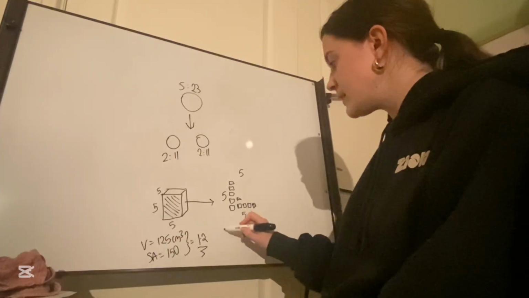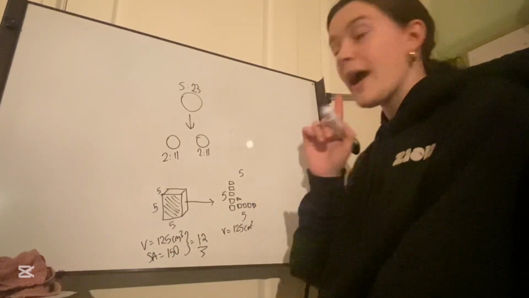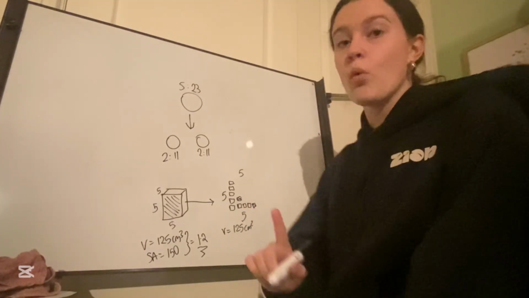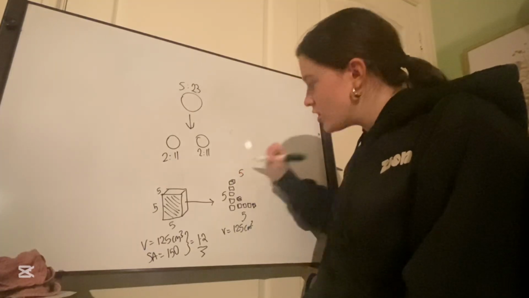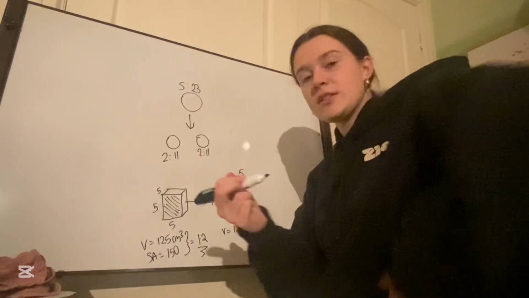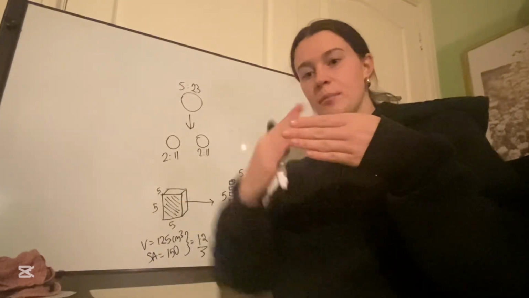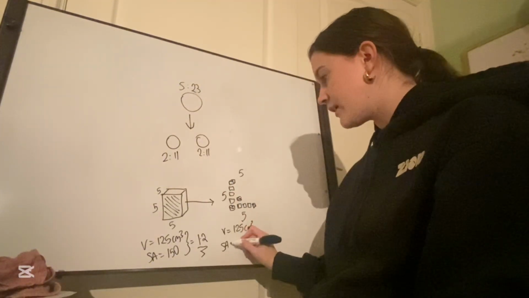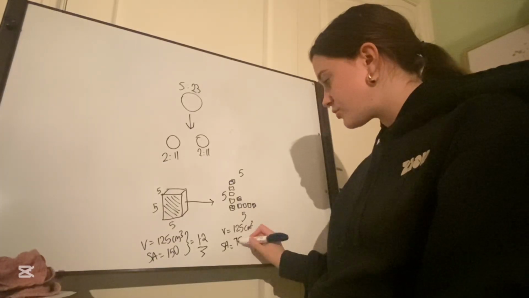So its volume is still 125 centimeters cubed. However, its surface area is way higher because all of these are tiny little cubes. So you've got to count the surface area of this side plus this side plus this side, again and again and again, because it's 3D, which means that it has a surface area of 750.